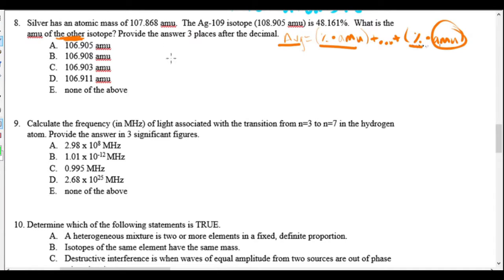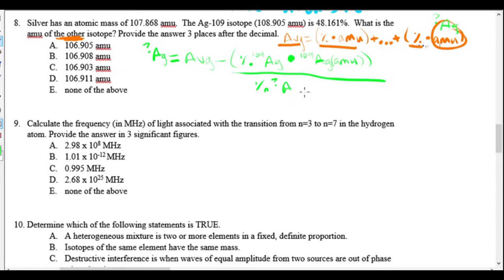So if you rearrange everything, I'm just going to put a question mark Ag, because we don't know what this mass is. That's going to be equal to, I'll use question mark Ag, your average AMU minus the percent of 109 Ag times the AMUs of 109 Ag, divided by the percent of question mark Ag.